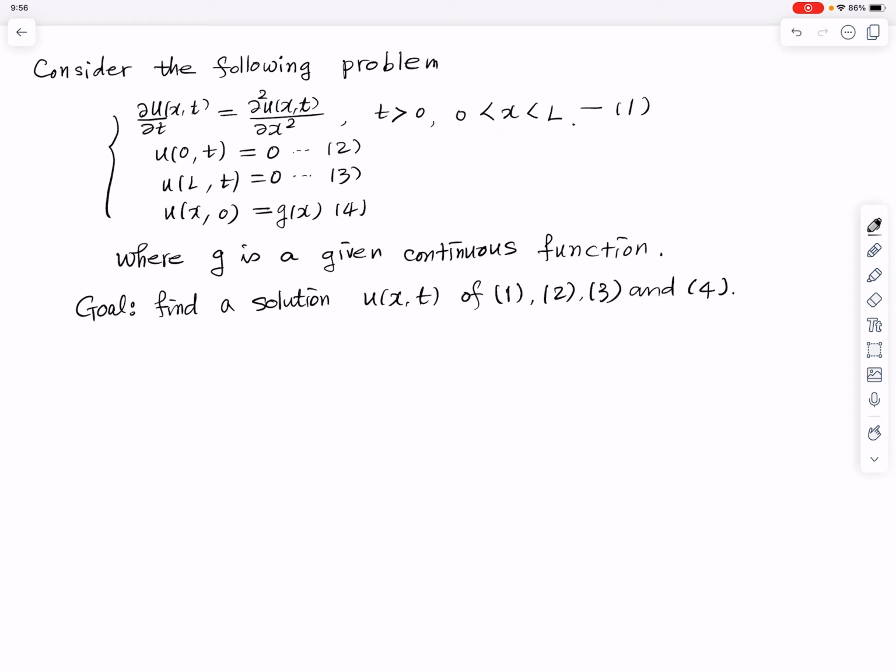So in this case, we want to find a specific form of solution.